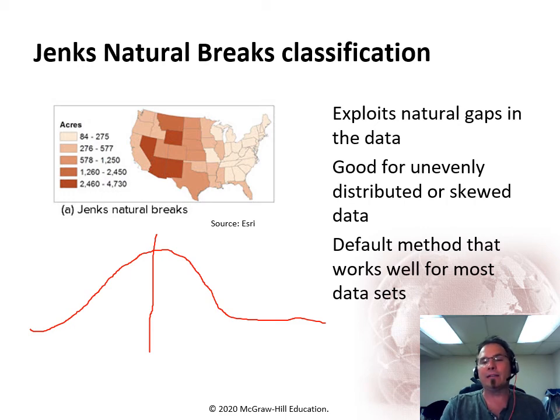Very few data sets follow that exactly. You usually have some that are skewed off to the left or skewed off to the right. You might have 2 highs or 2 lows, and data can be very weird that way. So the Jenks takes advantage of the fact that most data is unevenly distributed and works with it the best. It's the default and it almost never needs to be changed.